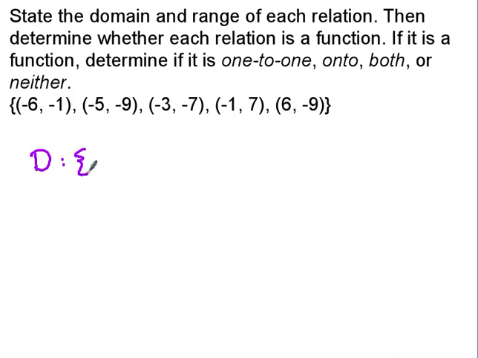What is our domain going to be here? Good. If you remember, the domain is nothing more than the first values, the x values. The range. What's the range going to be here?